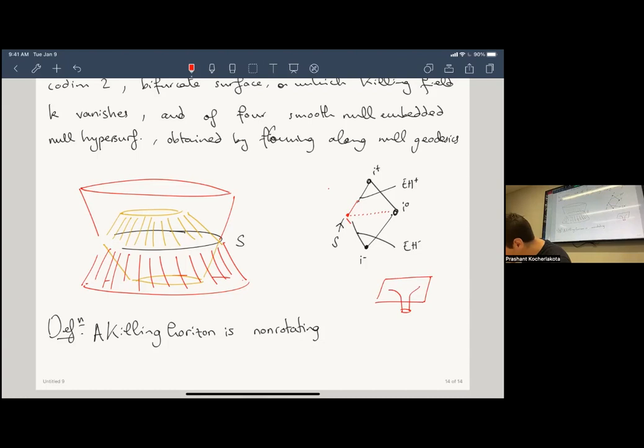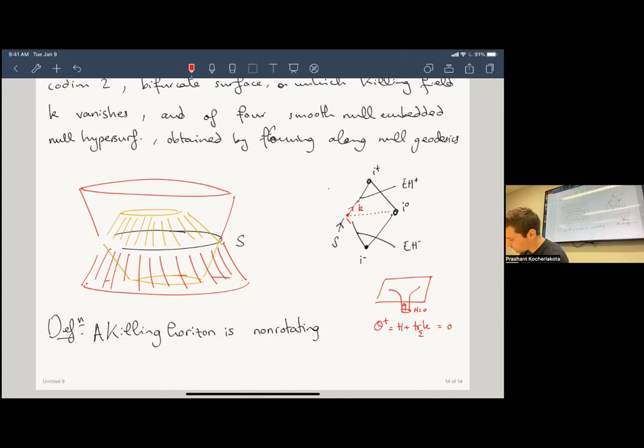The expansion of this in this direction, h equals 0. And the k, which is non-zero along here, when we take the null expansion and we label the surface by sigma, then we see that this is 0.